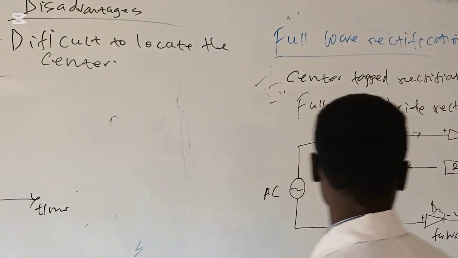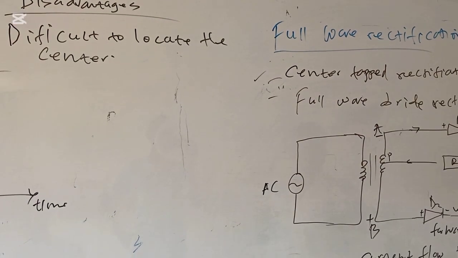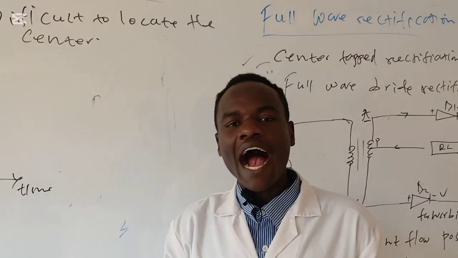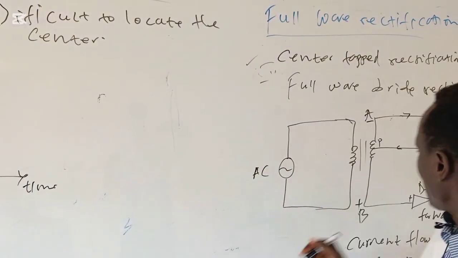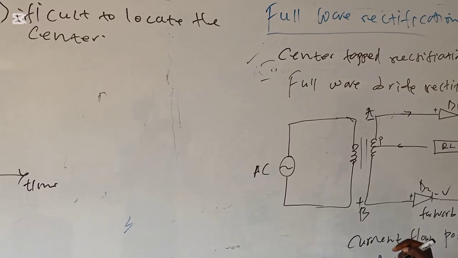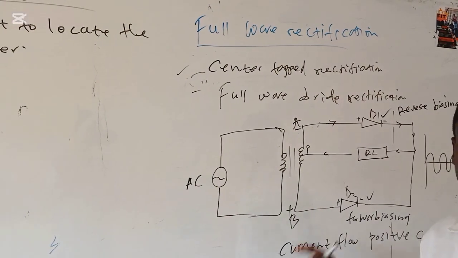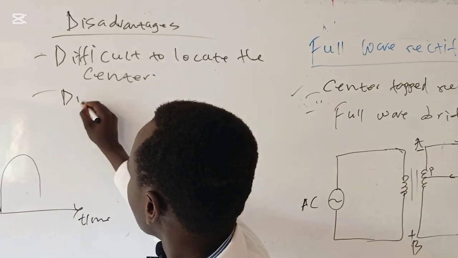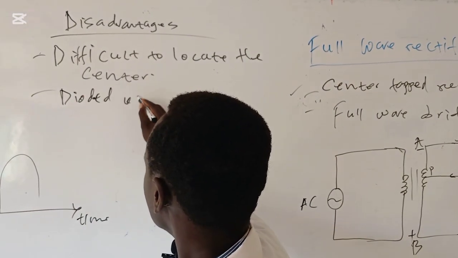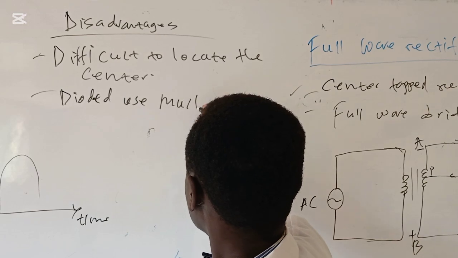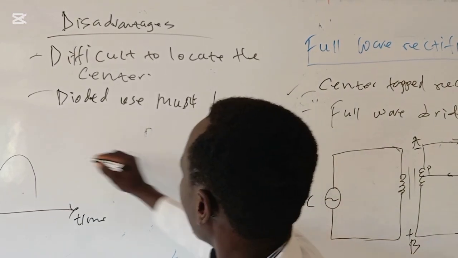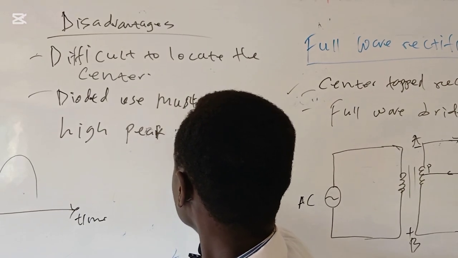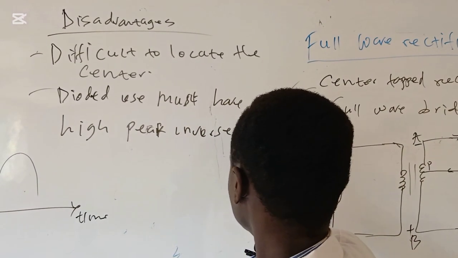Also, in the center tap rectification, the diodes used must have a high peak inverse voltage.